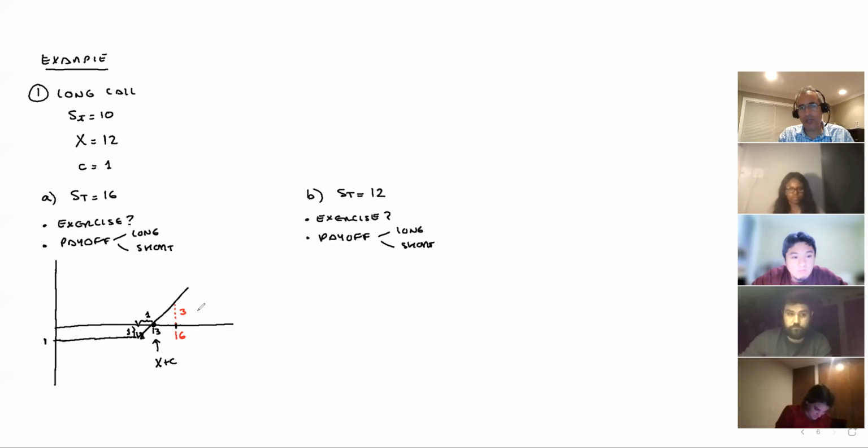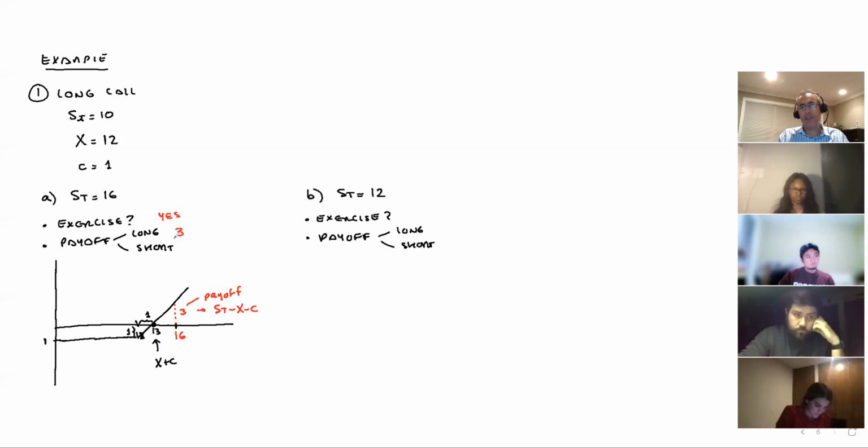Now, how do I get these 3 in letters? This one here is equal to ST minus X minus C. So 16 minus 12 minus 1. Here we go with my 3. This 3 is my long payoff. Exercise, yes.